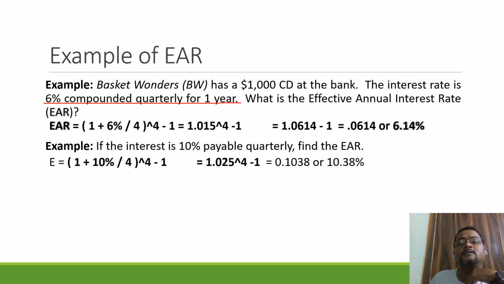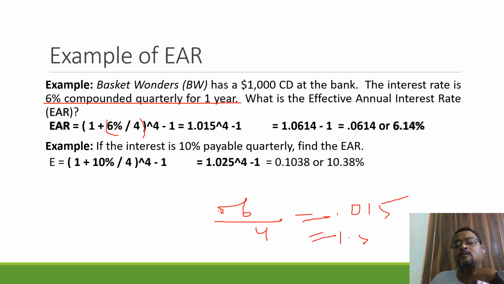So in that case, (1 + 6%/4)^4 − 1. 6% is 0.06. 0.06 divided by 4 is 0.015, which is also equal to 1.5% per quarter.